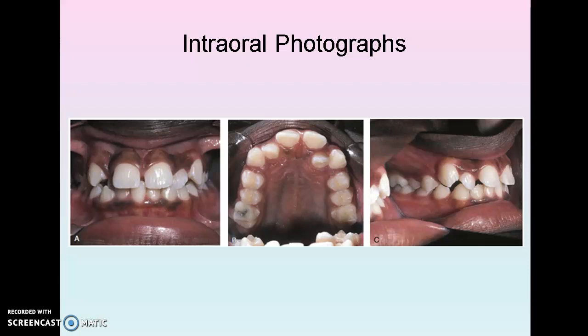So this patient is in the Angle classification of class 1 occlusion. You can see that the maxillary mesial buccal cusp is resting into the buccal groove of the mandibular first molar. This photograph is also taken with a mirror.